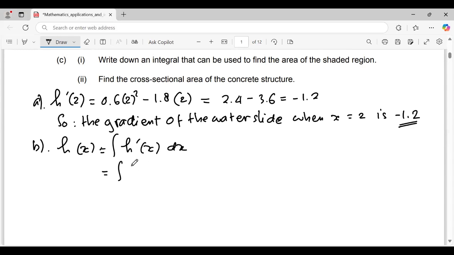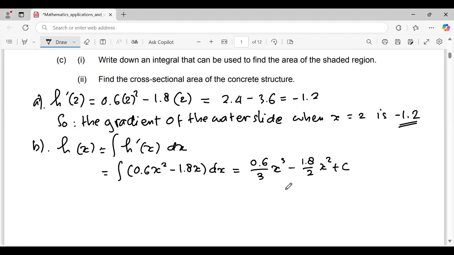So integral 0.6x squared minus 1.8x dx, and it is 0.6 divided by 3 x cubed, minus 1.8 divided by 2 x squared, plus c, and it is 0.2x cubed minus 0.9x squared plus c.